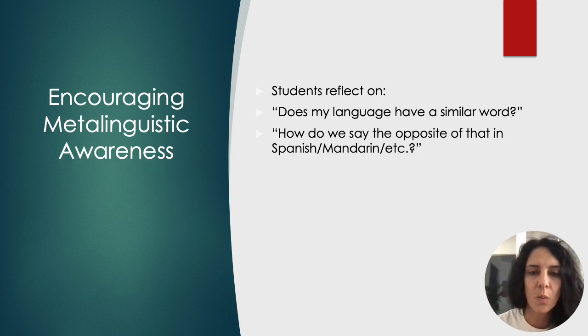Encouraging metalinguistic awareness: when we explicitly ask students to compare how words work in both languages, we're helping them become metalinguistic thinkers. We encourage them to ask questions like, what's the opposite in Spanish? Or does my language have a word like that? These questions build awareness of how language functions, which is key for biliteracy development.